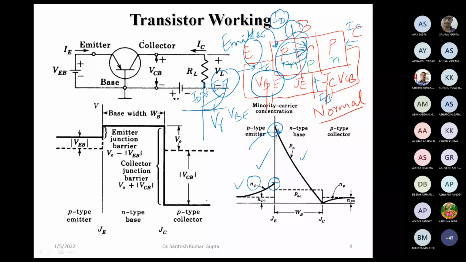So let us say that this is x equal to 0. So at x equal to 0, the current IE can be written as this.